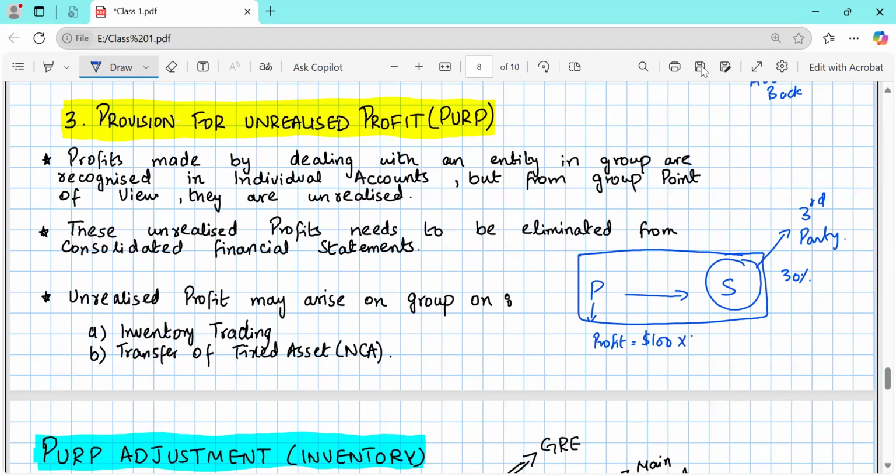So the remaining 70% of the profit is unrealized, that is $70. Got the point? Yes. So whatever inventory stays in the group, profit on that is unrealized. Whatever inventory goes out of the group to a third party will be realized. It will not be considered an unrealized profit. Okay, got the point?